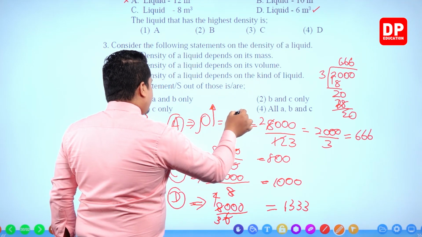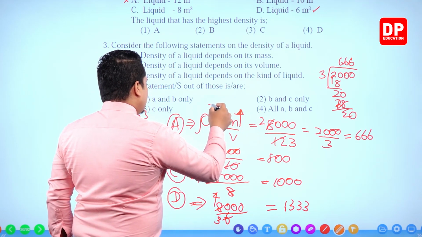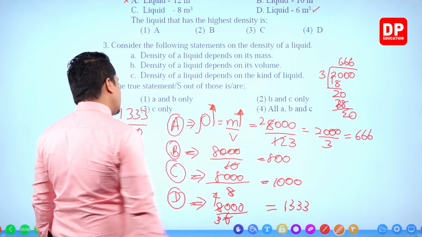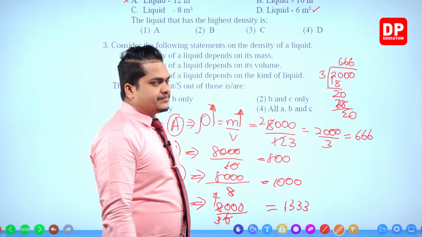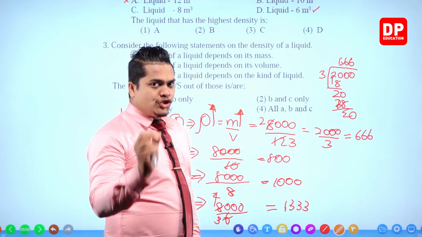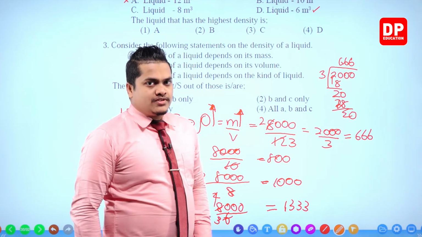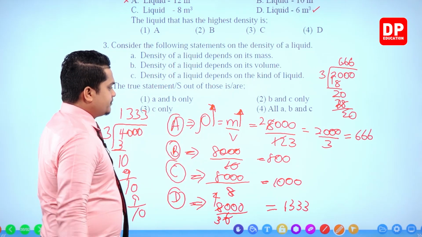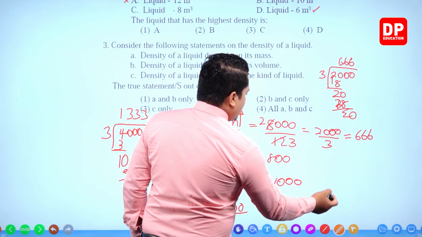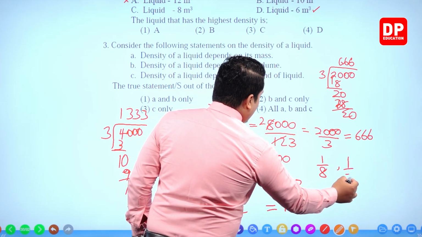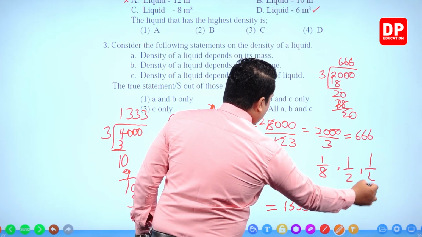Direct means that when mass increases, density also increases, and when mass decreases, density also decreases. So mass and density show a direct relationship. Okay, my dear children, then the next one, volume. What happens when increasing the denominator in a fraction like this?